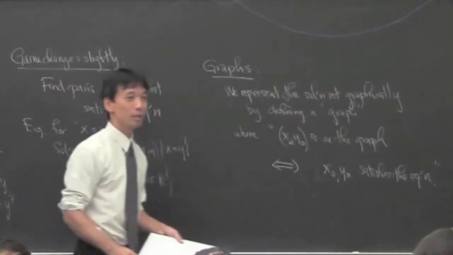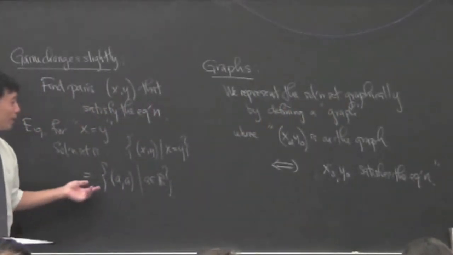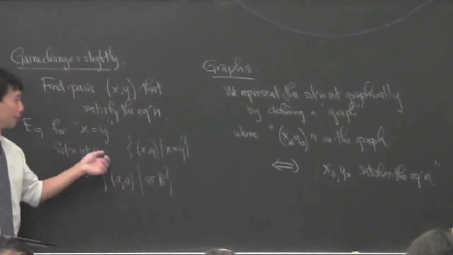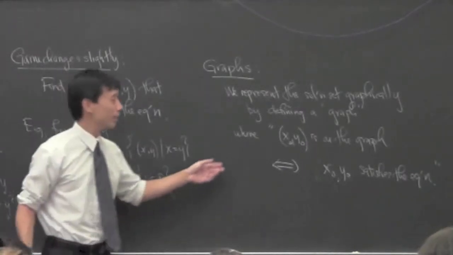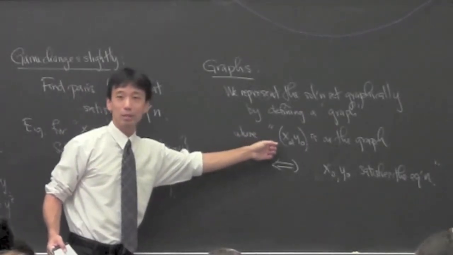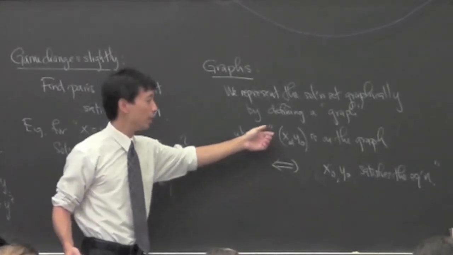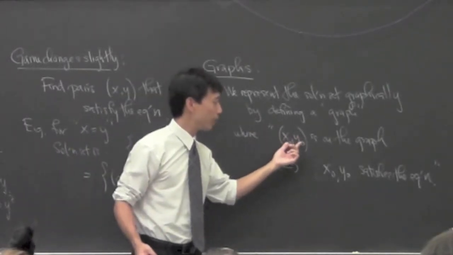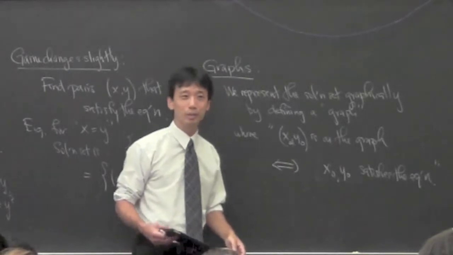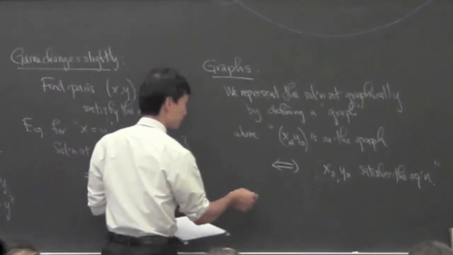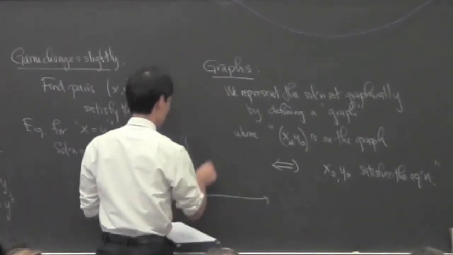So this probably seems sort of pedantic. You all know what a graph is, but this is how you define it. The graph is all points where the pairs satisfy the equation.